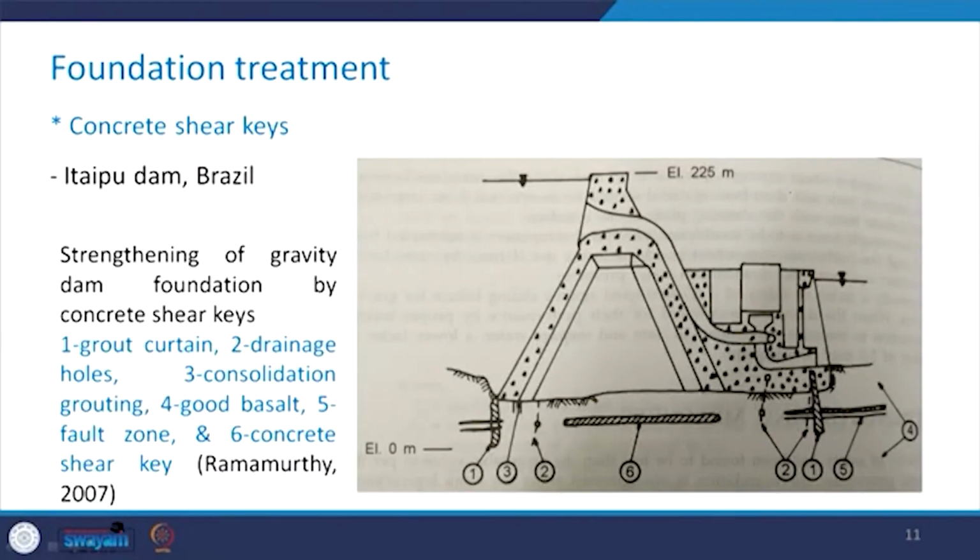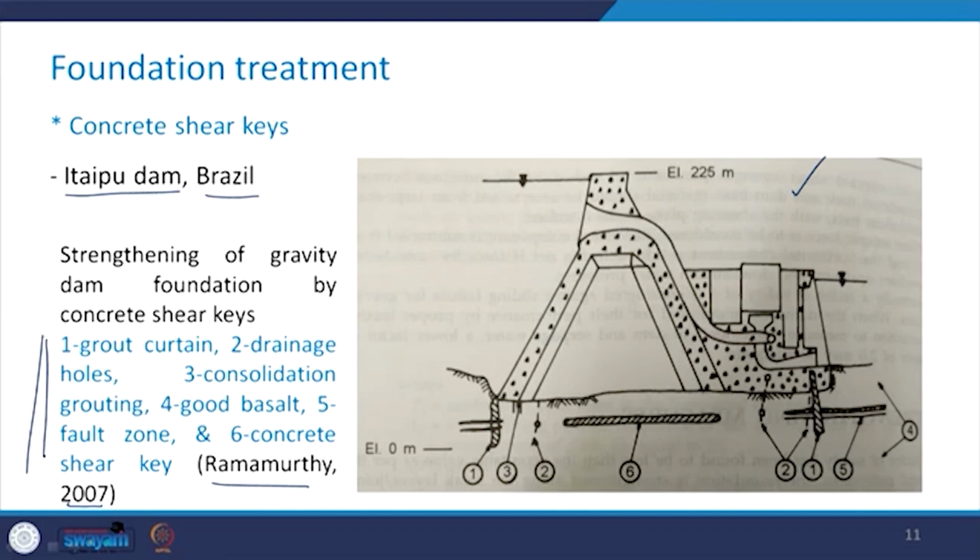Here this picture has been taken from this reference, and this is from the Itaipu dam which is there in Brazil, and in this dam the strengthening of the gravity dam foundation was done by concrete shear keys along with the other measures which have been listed here.